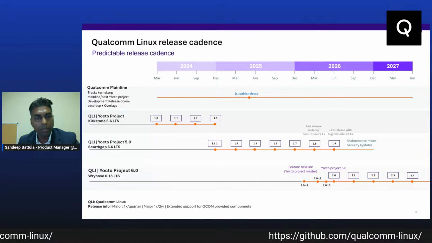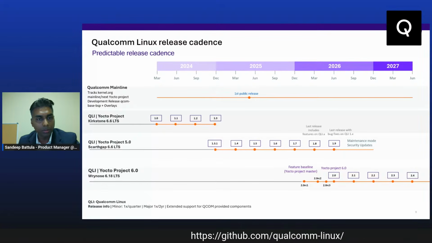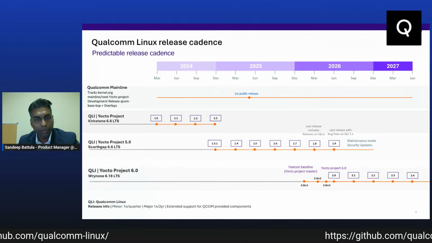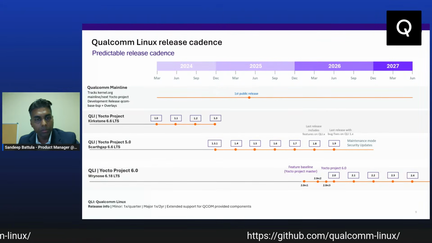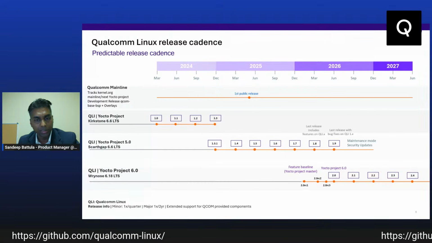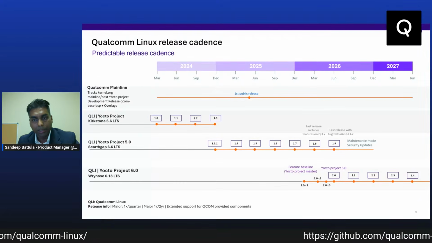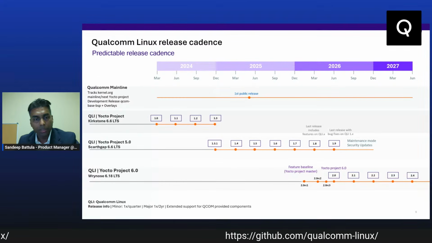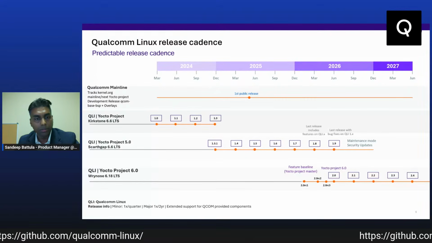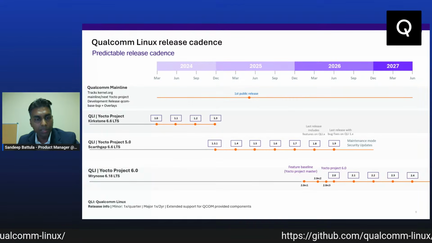We released 1.0 with Yocto Project Kirkstone and kernel 6.6, and then in 2025 we upgraded Yocto to Scarthgap with LTS kernel 6.6. And now with 2.0, we are releasing Qualcomm Linux 2.0 with Yocto Project Rhino and the 6.18 kernel.